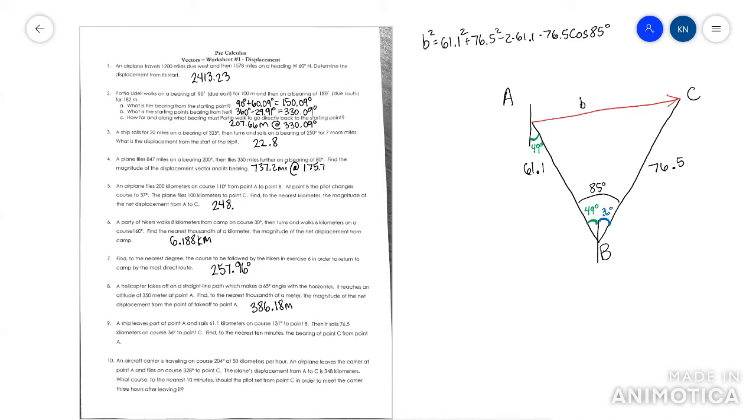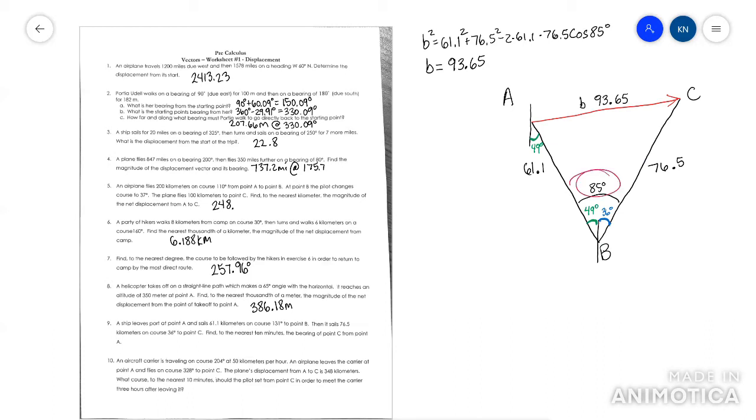That's the equation you would use, and you would get B having a value of 93.65. Now, the reason that's important is because now you have a law of sines.